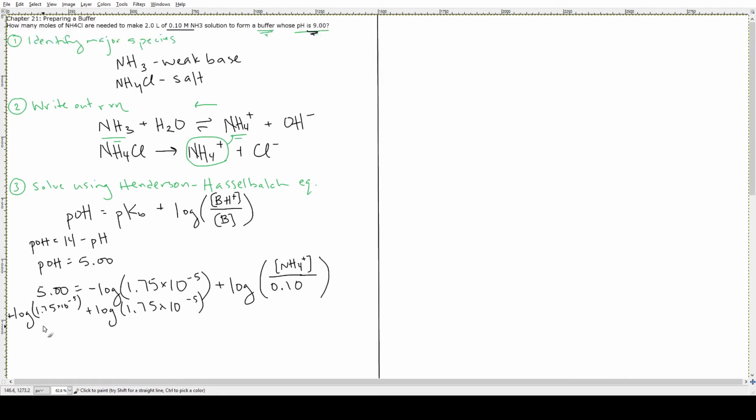Okay, so we have 0.243. I'll deal with sig figs later so I get a more accurate answer. 380,487. Okay, that is equal to the log of the concentration of ammonium over the concentration of ammonia.